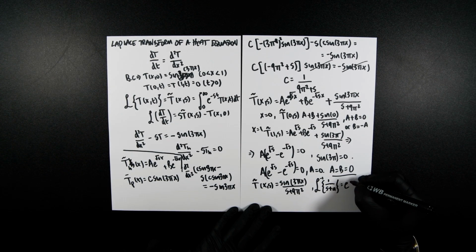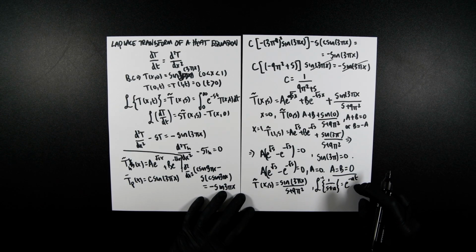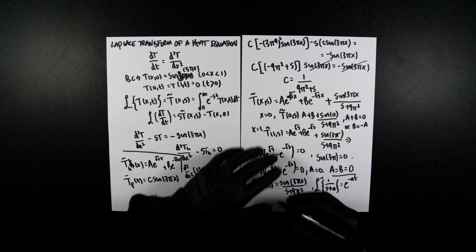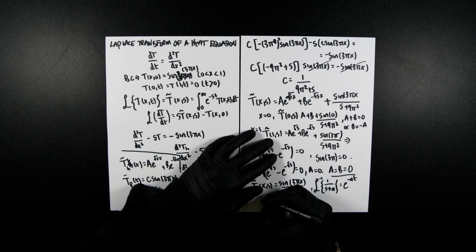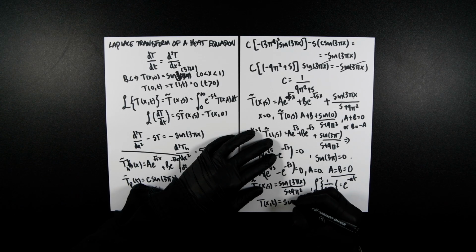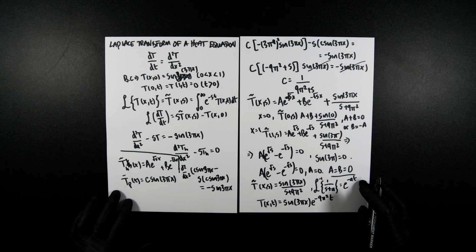Again, this is in your table, or you should remember it if you've done enough of these. So if we do the inverse Laplace, the Laplacian, well, who knows what's going on. I don't know how long this video's been, like 3 hours. T(x,t) would equal sine 3 pi x e to the minus 9 pi squared t.